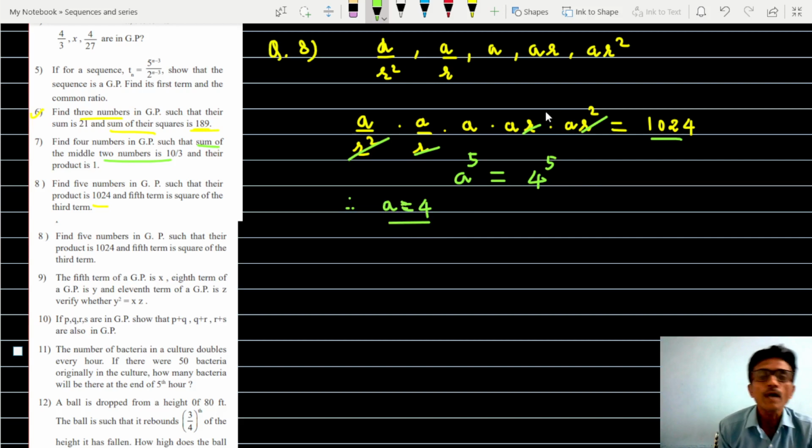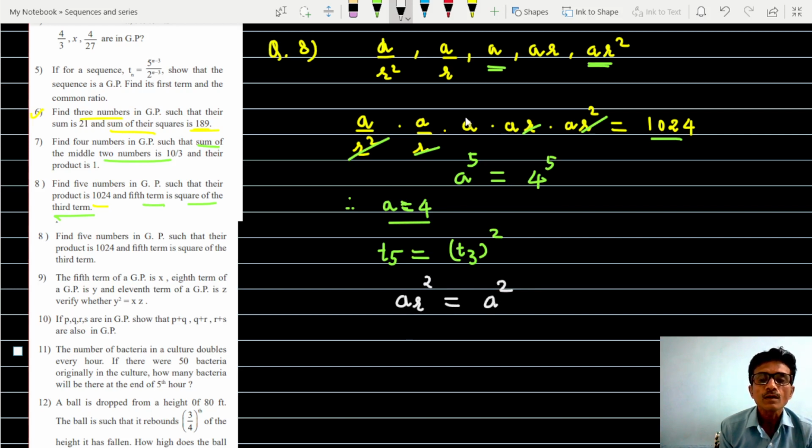4. You are getting a is equal to 4. Now we have to find r, for this we have to use the second condition: fifth term is square of the third term. This is our fifth term, this is the third term. What is given? T5 is, that means the fifth term is the square of the third term. This is our third term, this is our fifth term. Okay, let's apply this condition. Fifth term is ar raised to power 2 is equal to square of the third term.